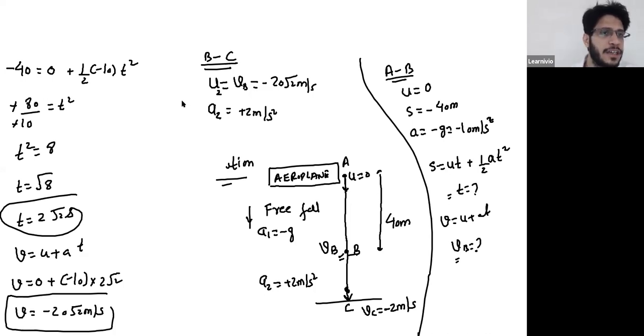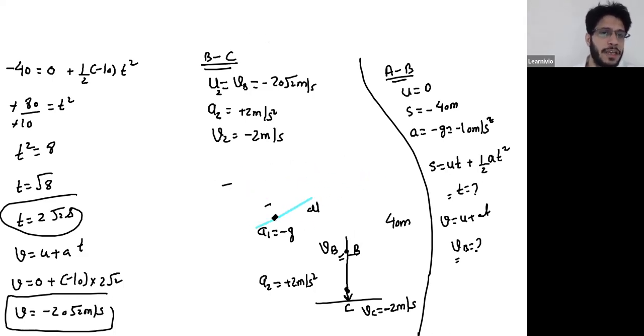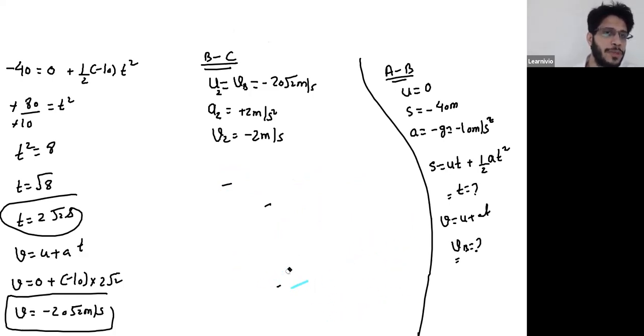And when it strikes the ground, its velocity is given. What's the velocity on the ground? It's minus 2 meter per second. Now again, I need the displacement and the time taken from B to C. Calculate it and don't make any mistake now.